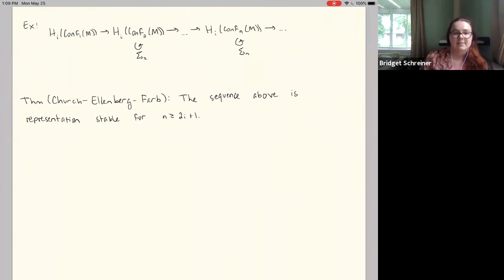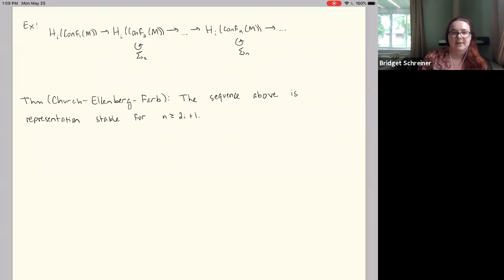And there's a theorem due to Church, Ellenberg, and Farb that this sequence is representation stable when n gets to be bigger than or equal to 2i plus 1. So once we get configurations of 2i plus 1 or more points, Hi of configurations of n points is generated by the image of the other homology groups and then that action of Sigma 2i plus 1.